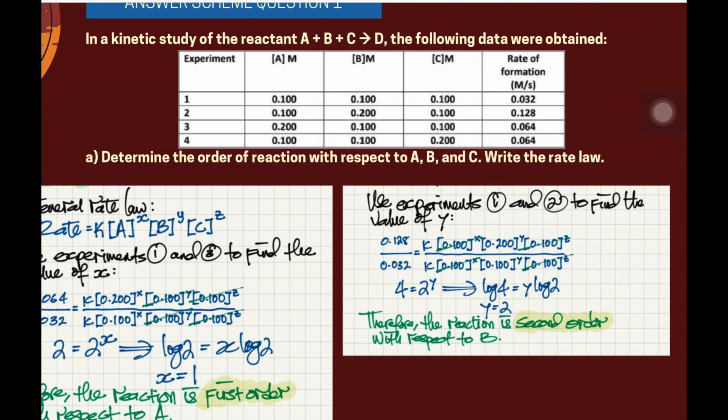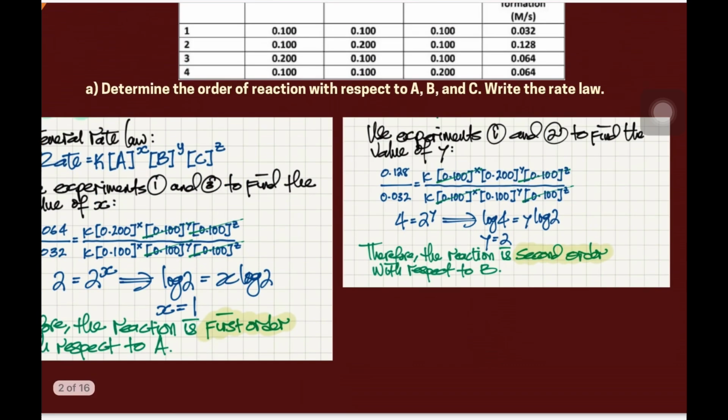Macam tu. Okay, kena ubah. Contoh macam sini, dalam contoh skema ni dia ambil 1 dengan 2, sebab dengan 1 dengan 2 ni A dengan C both dia punya reaction concentration dia tidak berubah, constant. Jadi yang ini saja yang berubah kan. Then kita boleh carilah order of reaction with respect to B dengan mudahnya.